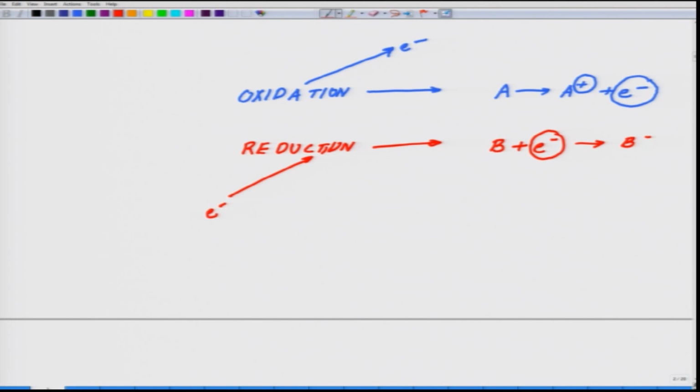As a matter of fact, all the reactions in nature and most of the biological systems are about oxidation and reduction. Either a species will accept an electron or a species will donate an electron.